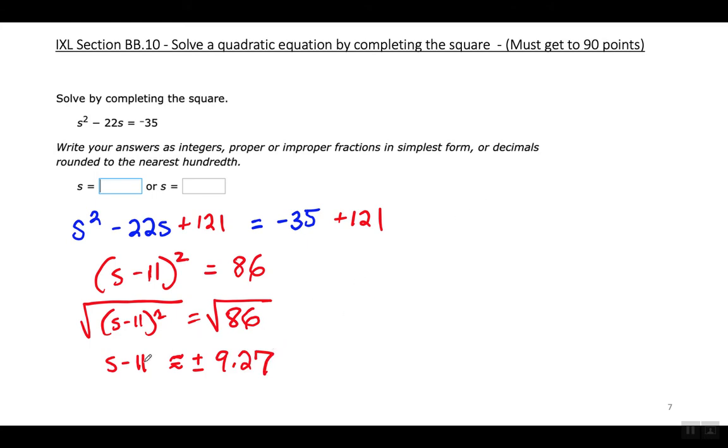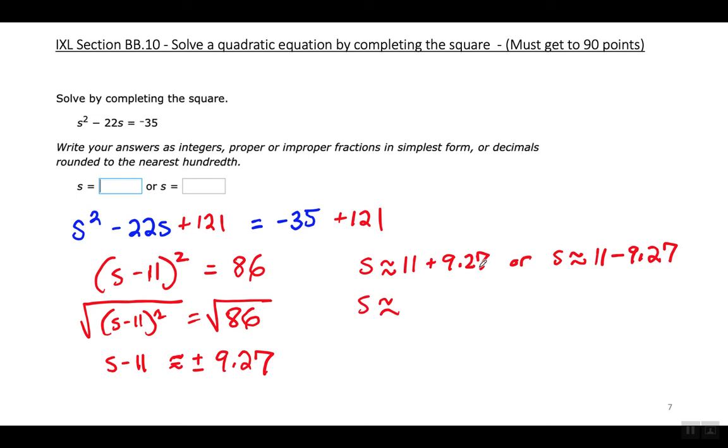Alright, so I'm going to move the 11 to the right, which makes it positive. That means that s is going to be approximately 11 plus 9.27, or s is approximately 11 minus 9.27.